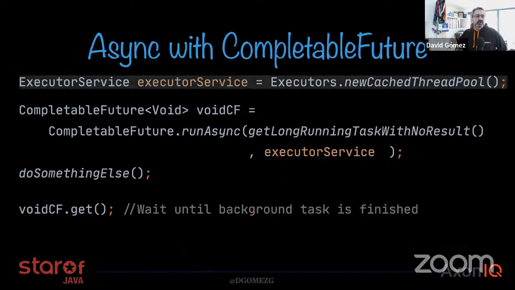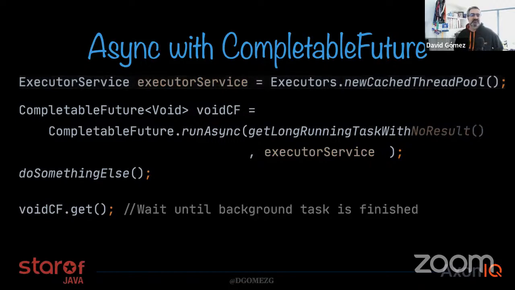So what if we have a task that returns a result, not our runAsync task that returns no result, but a task that returns a result?